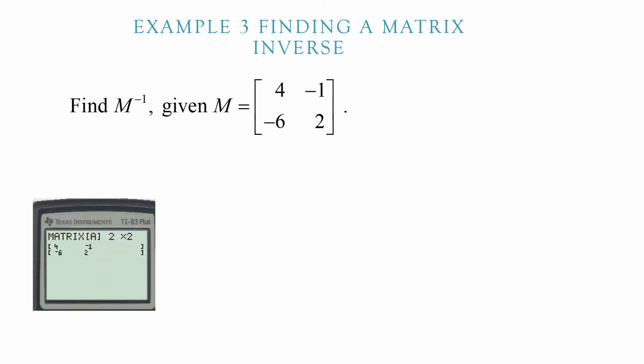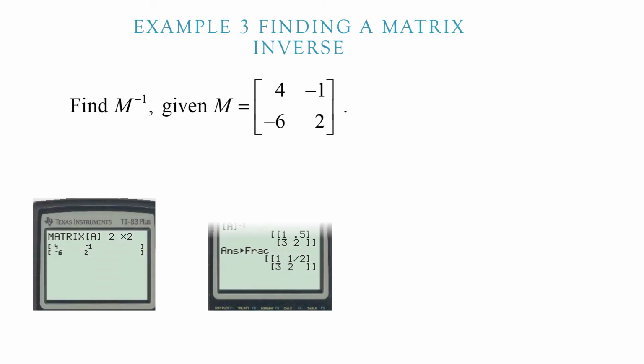Now to find a matrix inverse using a graphing calculator, if you have a matrix M, you can enter that and take the matrix inverse. I have entered this M as matrix A, and I can just press the inverse symbol in the calculator, and we can easily get the inverse.